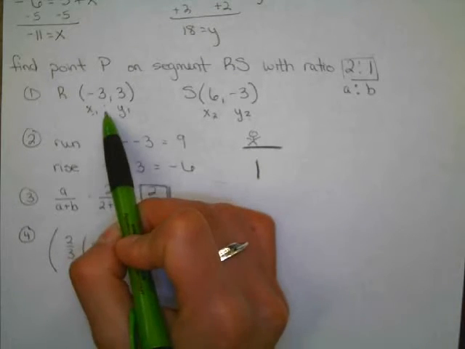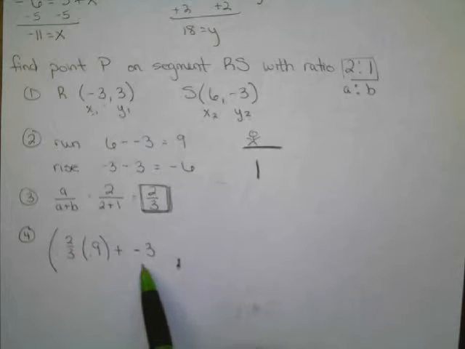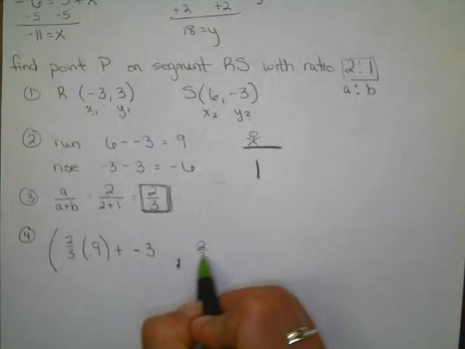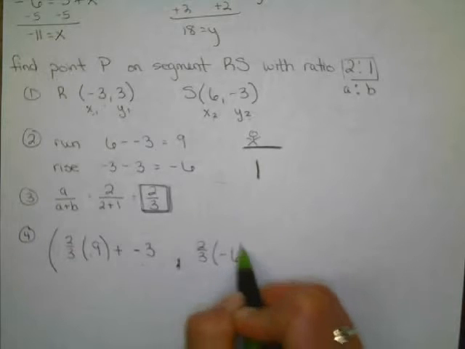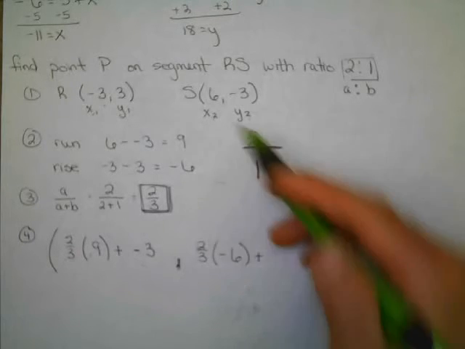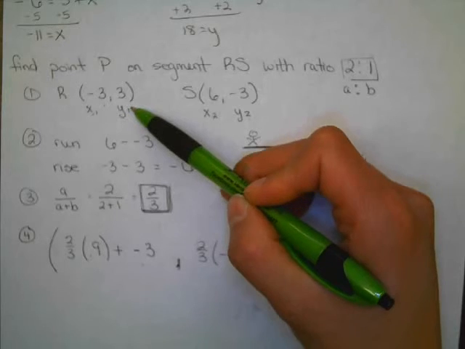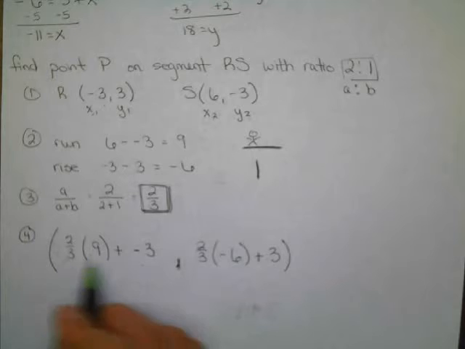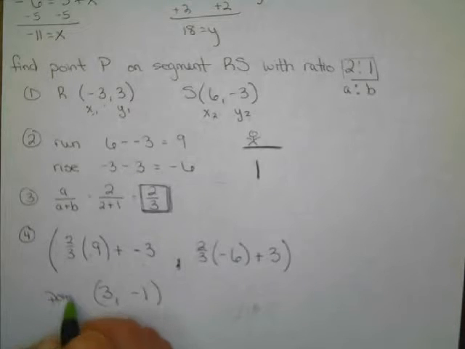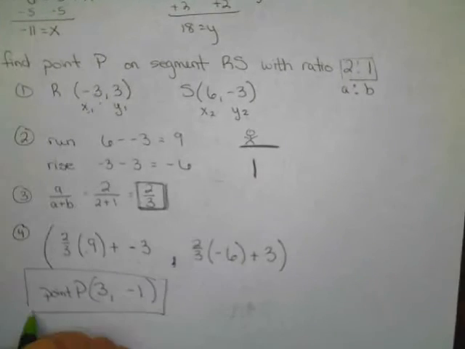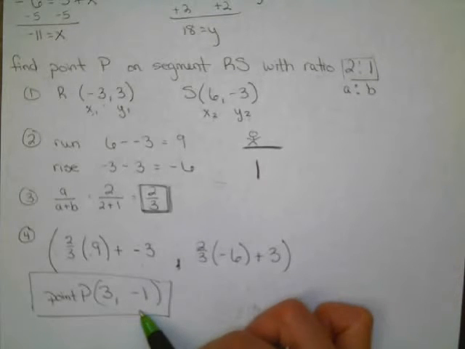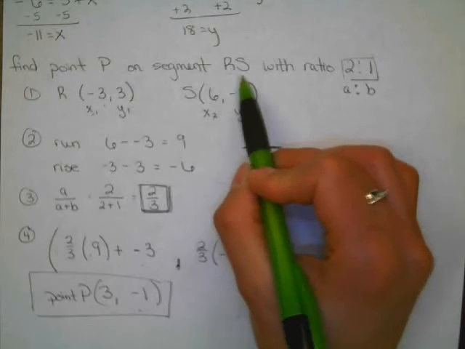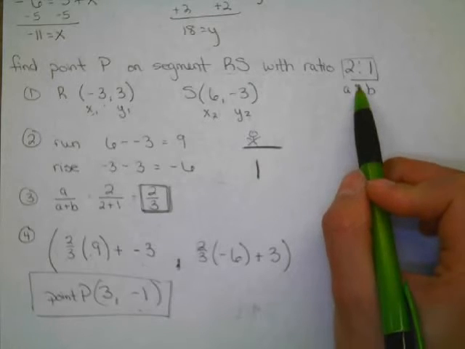Then I take x1, which is negative 3, plug it in here. And then I have 2/3 again of the rise this time, which is the y direction. So I want the y value of where I started from, which was 3. If you punch all this in your calculator, you get 3, and that makes negative 1. So point P is at (3, -1). That point is what's going to partition the segment RS into the ratio of 2 to 1.